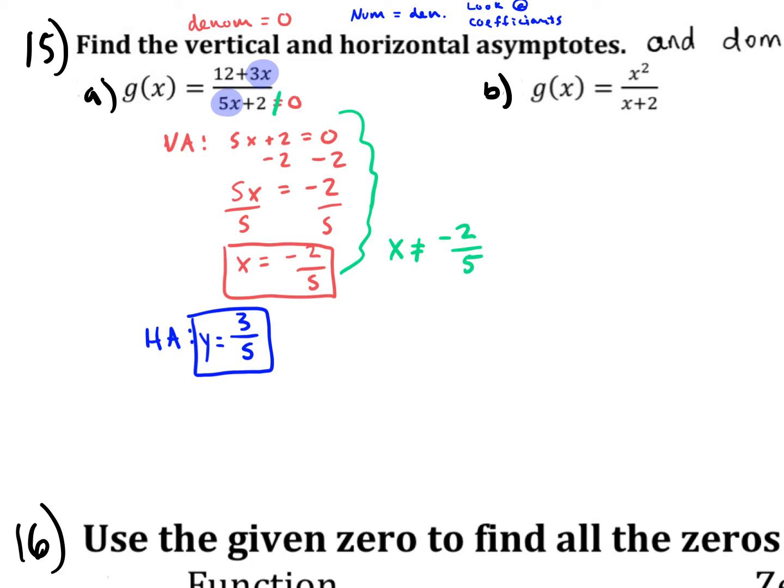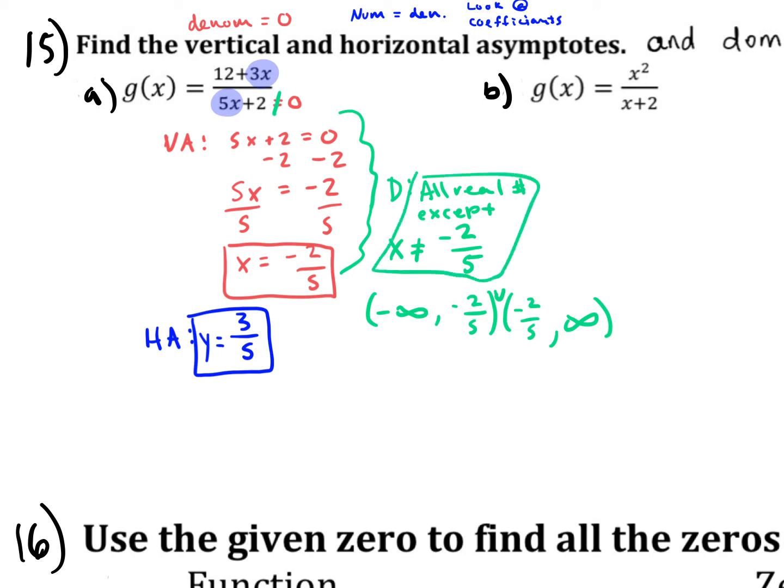If this question was multiple choice for domain, you could see all real numbers except negative 2 over 5, or you could see it as an interval notation, so from negative infinity to negative 2 over 5, and then from negative 2 over 5 to infinity, with the union in between. So it just depends on how it's written. Since it's multiple choice, you could see it this way. You could see it this way.